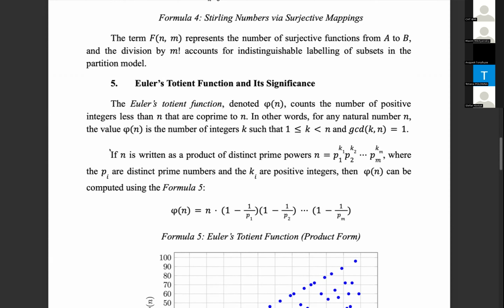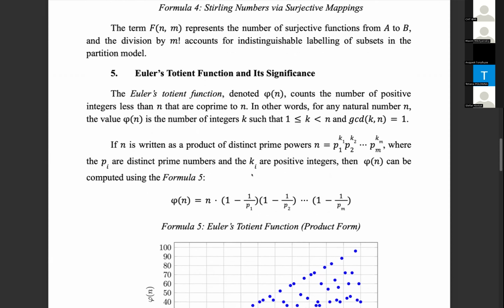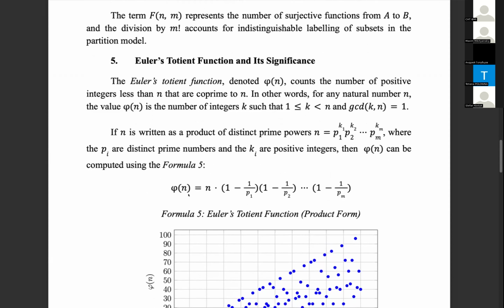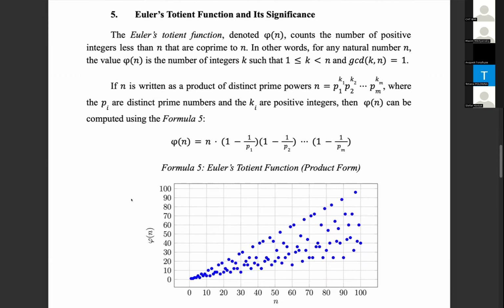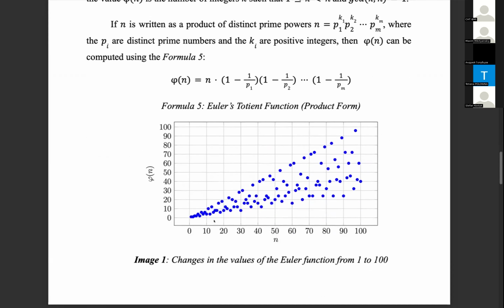Consider a number n with the prime factorization, and then Euler's product gives us that formula for phi of n, which shows us the count of these coprime integers.